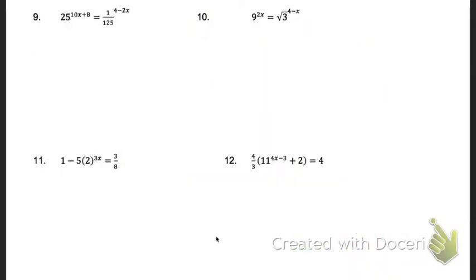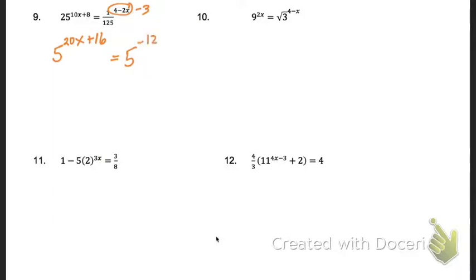Okay, number 9, what is my common base there? 5. So 5 squared. So I'm just going to multiply the exponent by 2, so 20x plus 16. And 1 over 25 is 5 to the -3. So I'm going to take this, multiply it by -3.